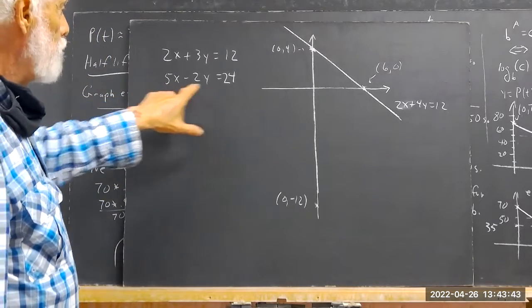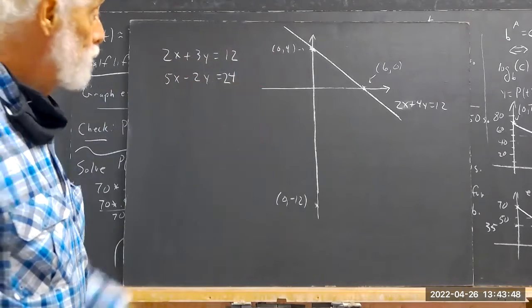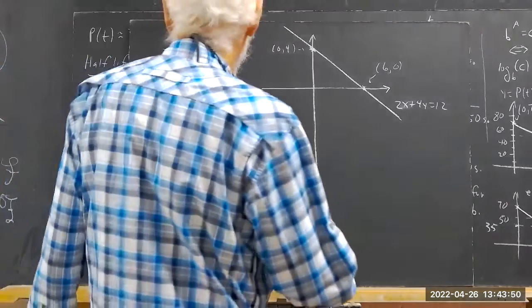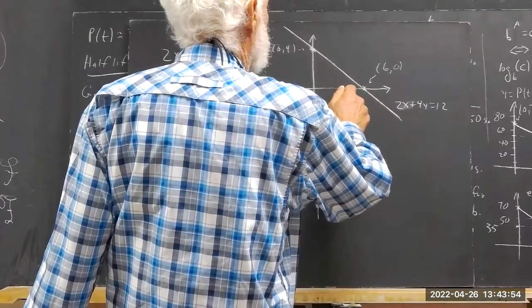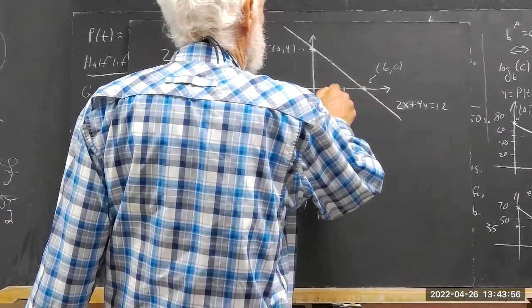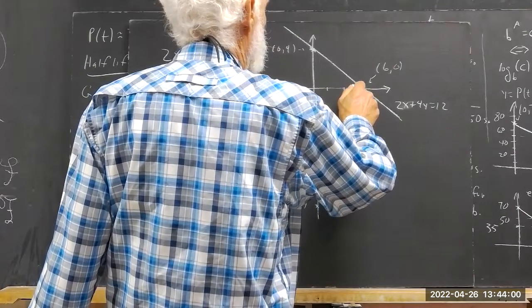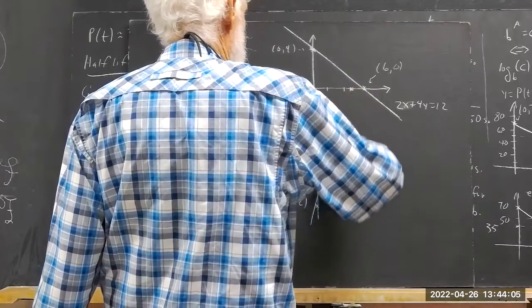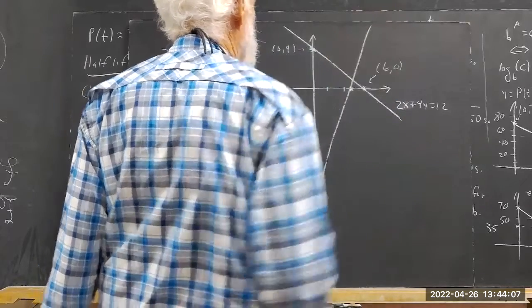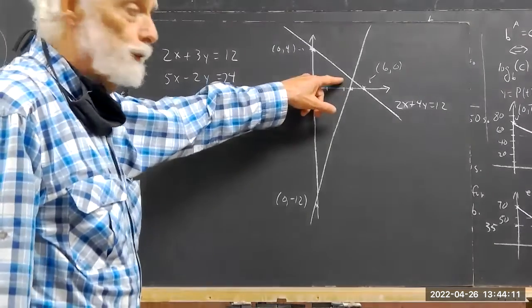If y is 0, 5x equals 24, so x equals 24 divided by 5, which is a little less than 5, 4 and 4/5. So if that's 6, let's say here's, I'm kind of close to 5. So now we draw our best approximation of a straight line, and the two lines intersect here.